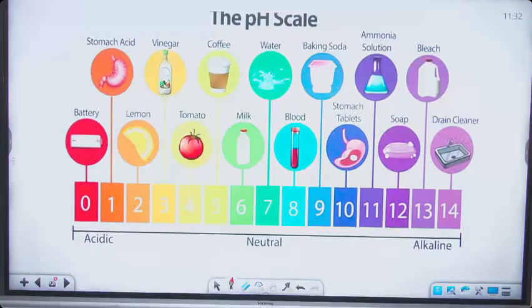Ammonia solution 11. Soaps and detergents 12. Bleach 13. And last one, drain cleaner pH value 14.